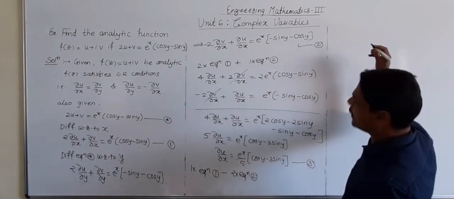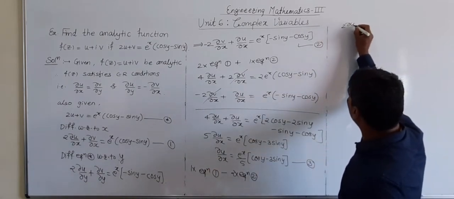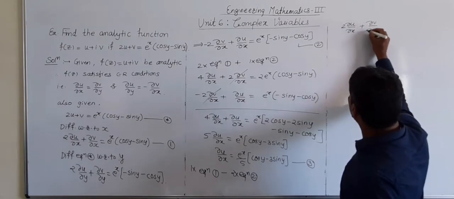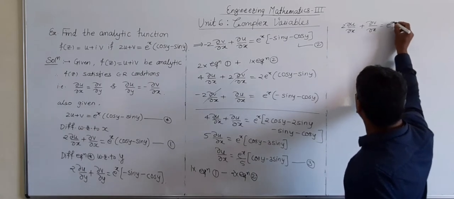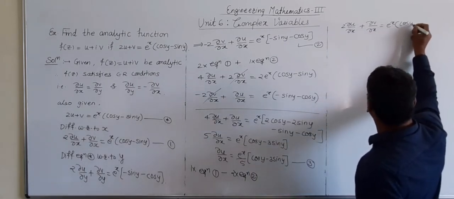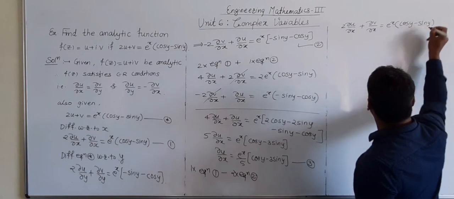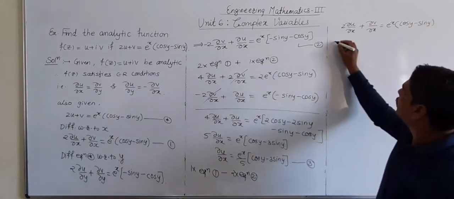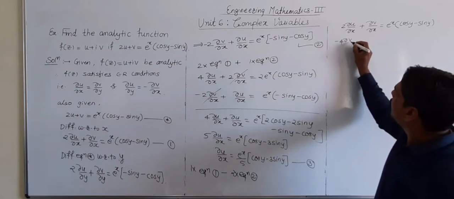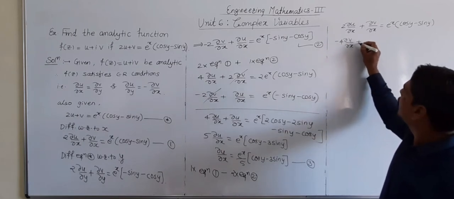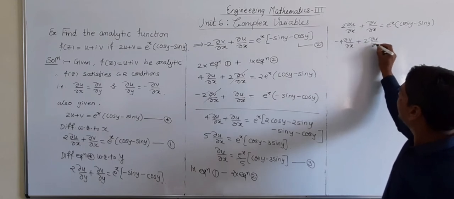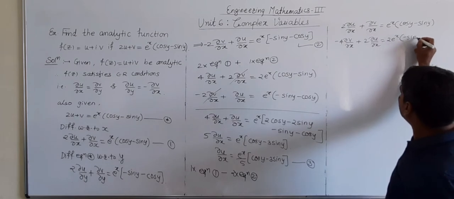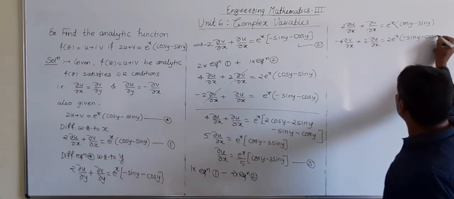So we get equation 1 as it is because we are multiplying by 1: 2 ∂u/∂x + ∂v/∂x is equal to e^x (cos y − sin y). Then multiplying equation 2 by 2, we get −4 ∂v/∂x + 2 ∂u/∂x is equal to 2 e^x (−sin y − cos y).